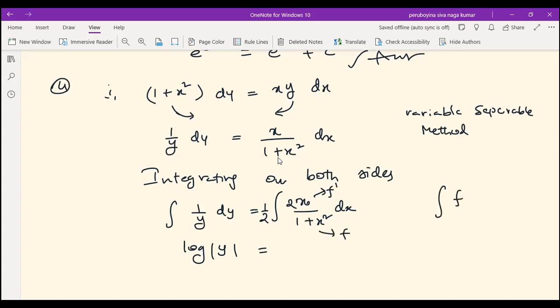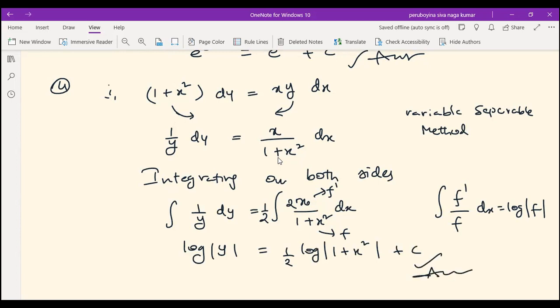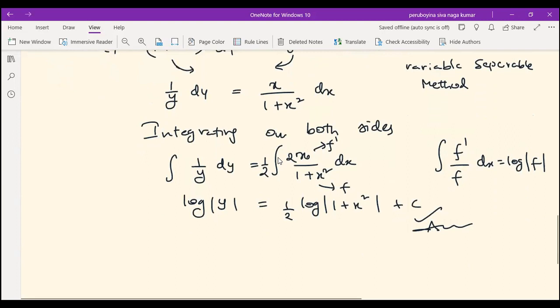The formula for the integral of f dash x by f of x dx is log mod f of x. So 1 by 2 into log mod (1 plus x square), plus some constant c. That's it. That is the answer. Copy it. If you copy it, that means you practice it one time. You have to practice it at least 5 or 6 times.